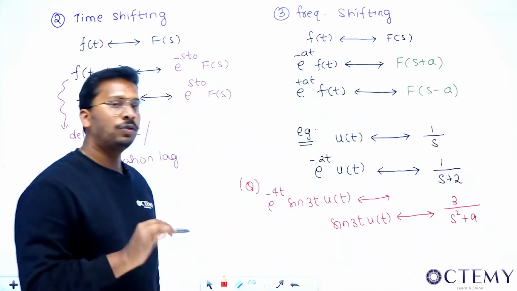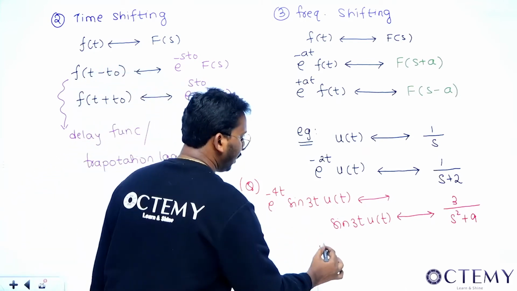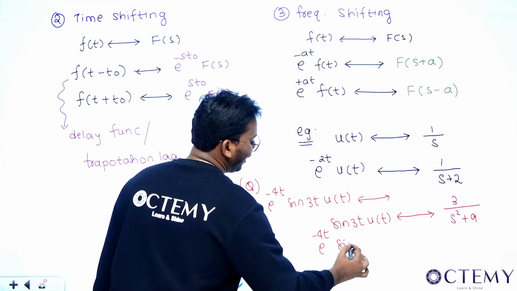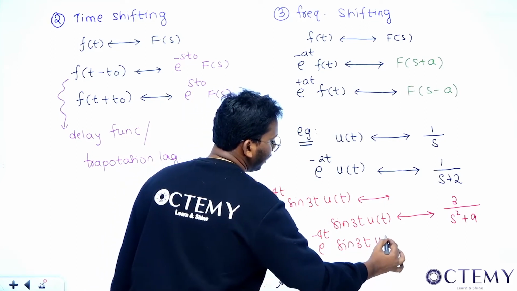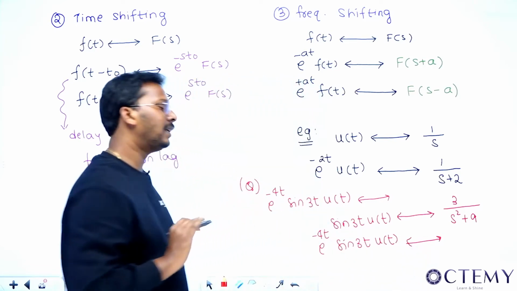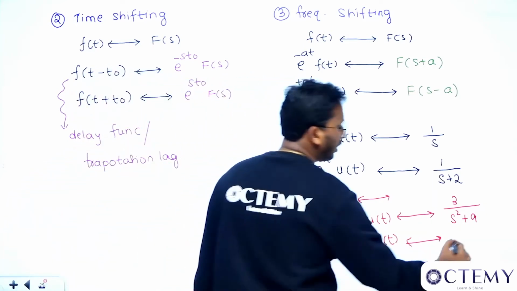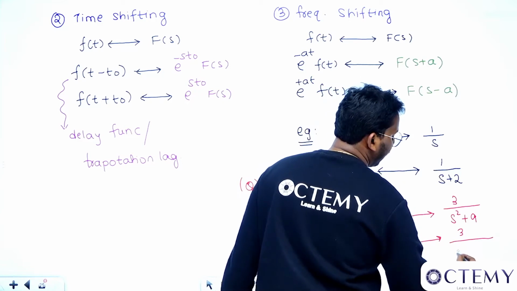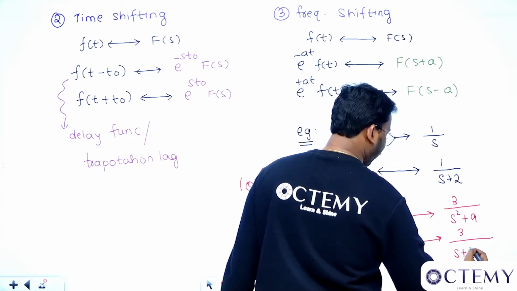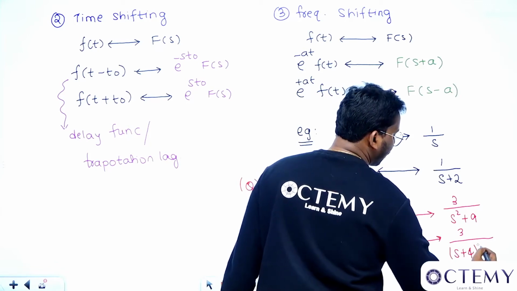Now you do the frequency shifting. That means for e power minus 4t sin 3t u(t), wherever you see s, you write s plus 4. So this will become 3 by (s plus 4) whole square plus 9.